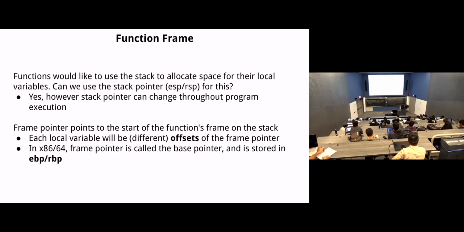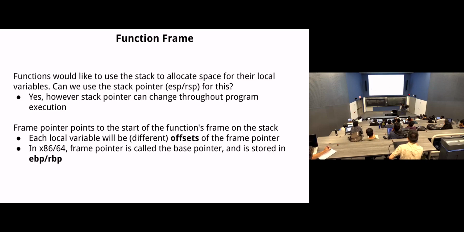In x86, also 64, we use the register EBP to record that base. That's why it's called EBP, base pointer, right? So you can see the hardware is actually tailor-made for the software.